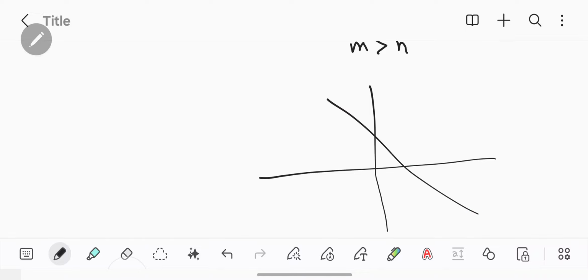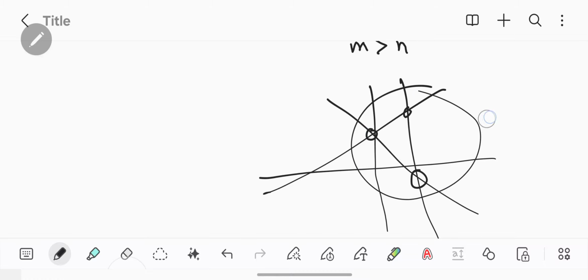And geometrically, each equation is just a line. For example, if you have three equations, that means we have three different lines. You can check these lines are intersecting at three different points. For a system to have a solution means geometrically that the three lines will meet at exactly one point. If this is not the case, the system has no solution because they are meeting at three different points.